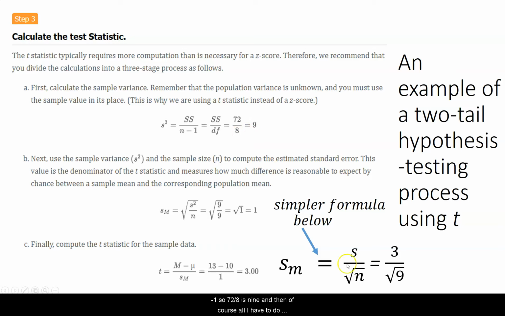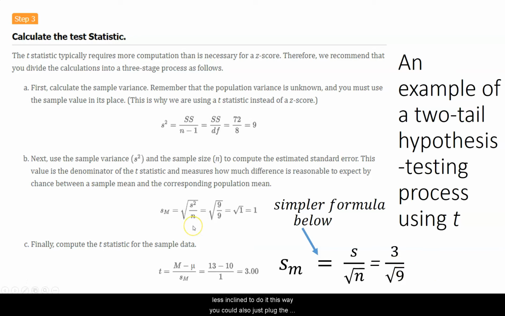And then, of course, to get the standard deviation, all I have to do is take the square root of 9, which, of course, is 3. That's no problem. So what I'll then do, and of course there's my 3 right there, my estimated standard error is just that 3 over the square root of the sample size, which is 9. 3 over radical 9, of course, is 1.